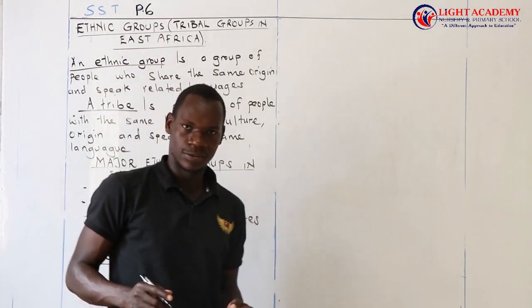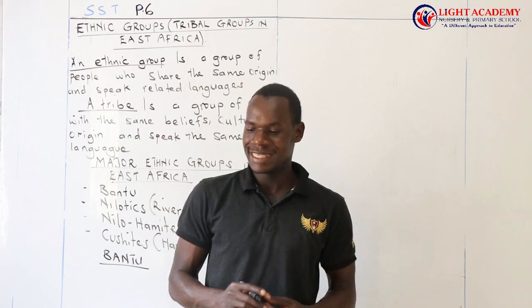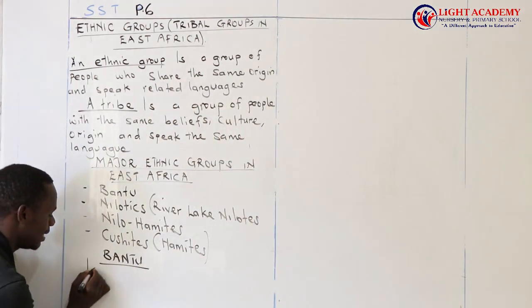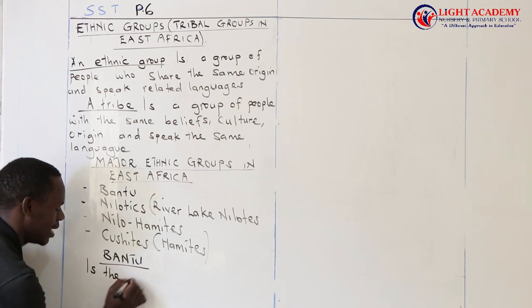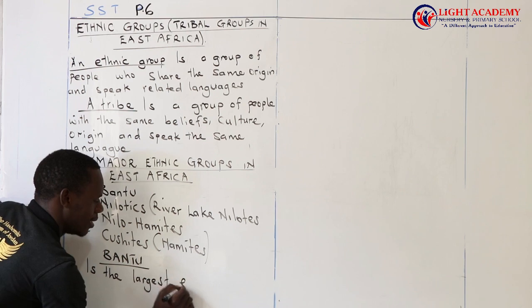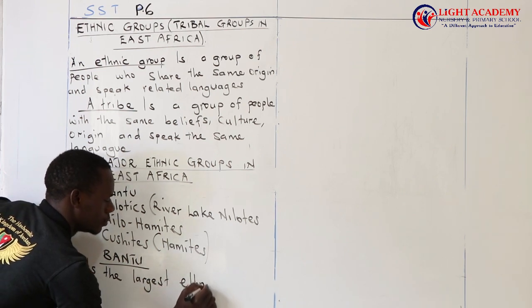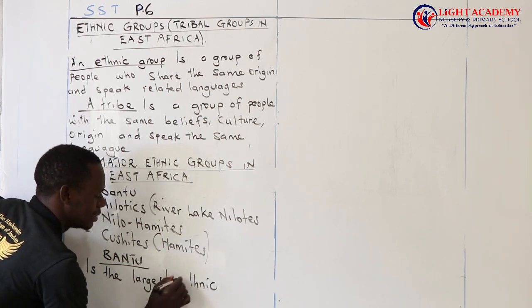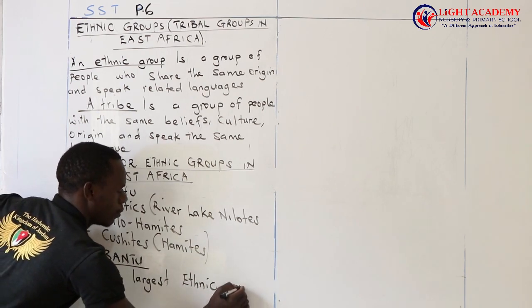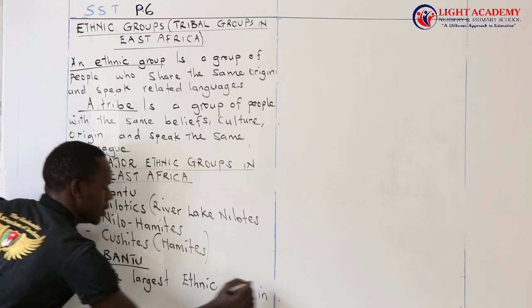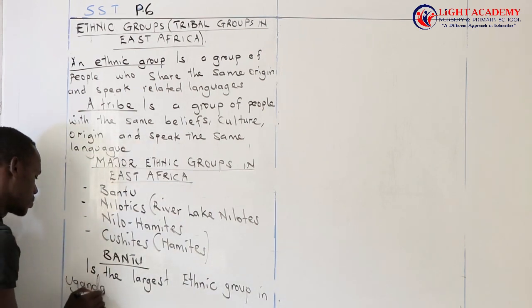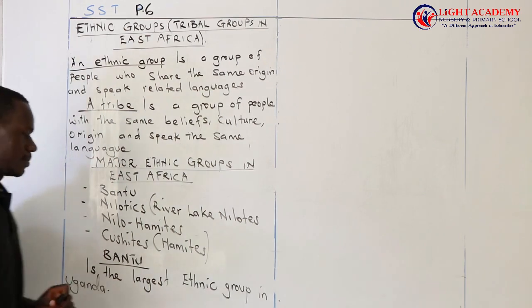Hint number 1. The Bantu is the largest ethnic group in Uganda.